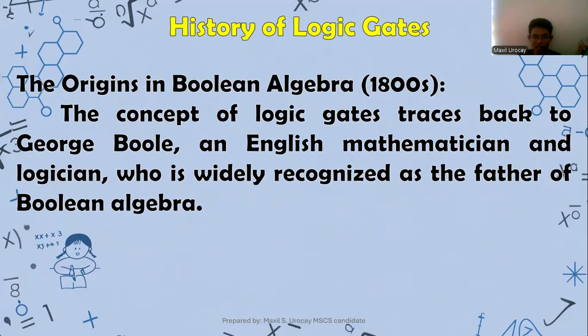In that year, he introduced Boolean algebra, which uses true and false values represented as ones and zeros to solve logical problems. And his work laid the foundation for all the digital logic that we use today.